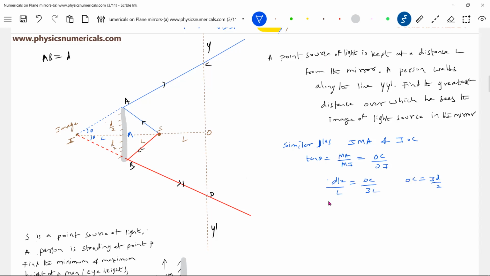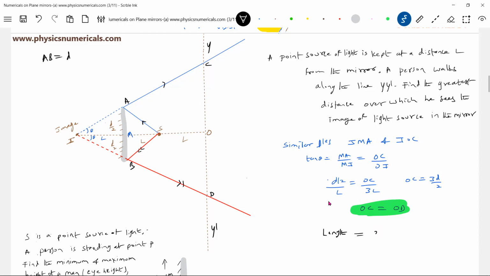And from similar triangles, OC is in fact equal to OD from the geometry, because the source S is kept symmetrically with respect to the plane mirror. Any reason for that? Because symmetry is there. So what is the length over which you will see the person? What will be your answer?